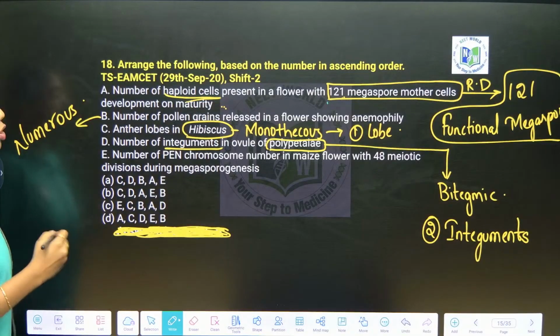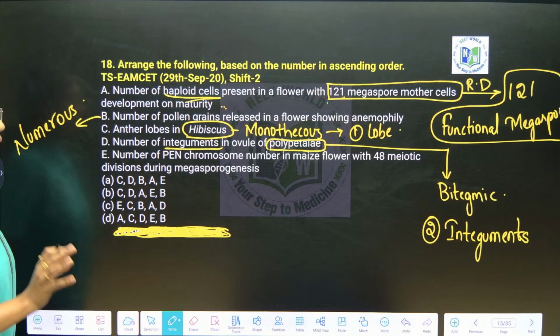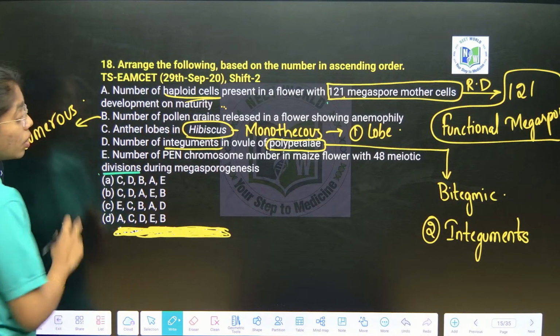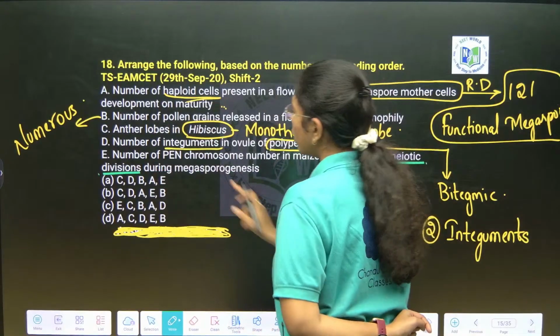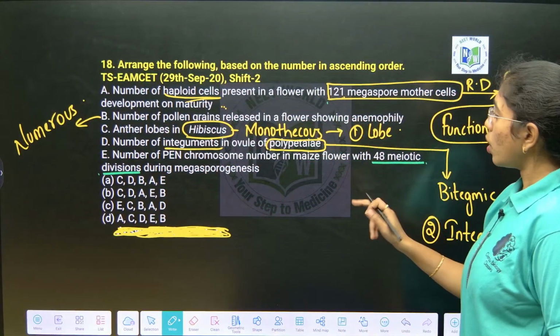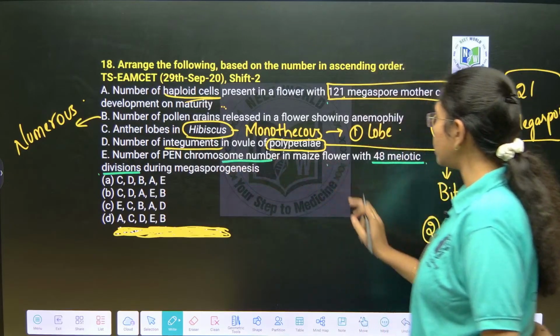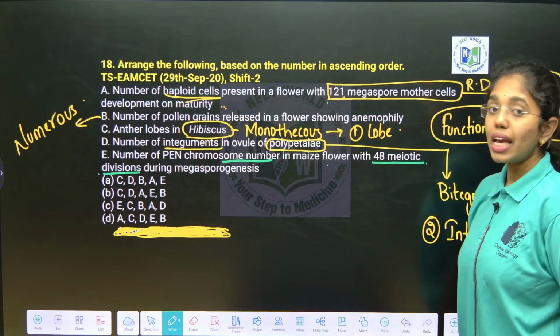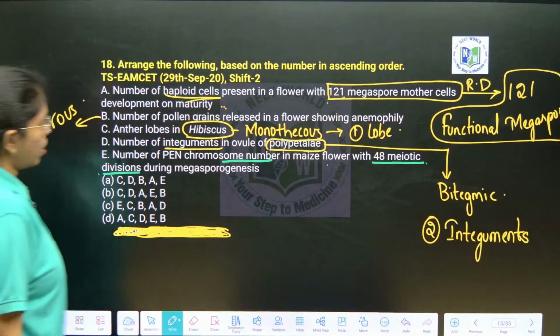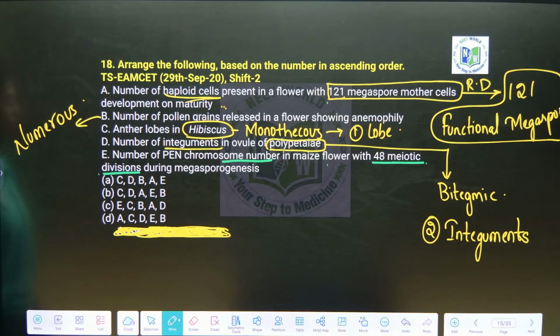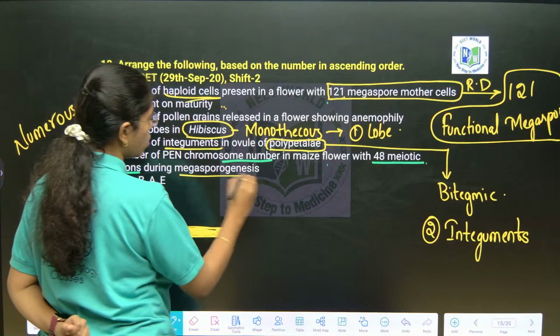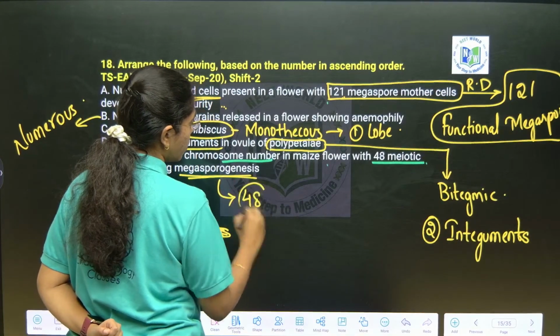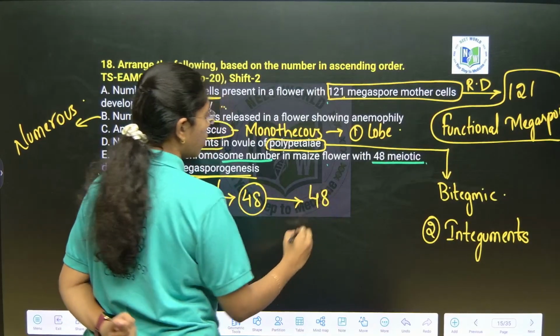Next, number of primary endosperm nucleus chromosome number in maize flower with 48 meiotic divisions during megasporogenesis. 48 meiotic divisions in megasporogenesis will give out 48 functional megaspores.